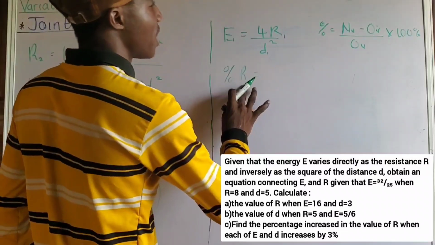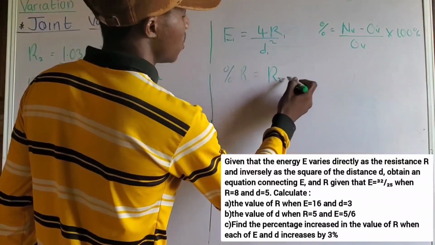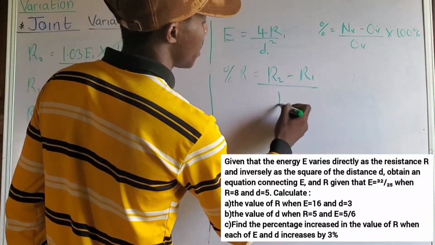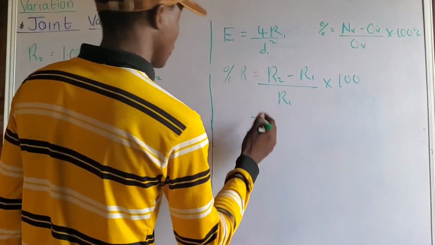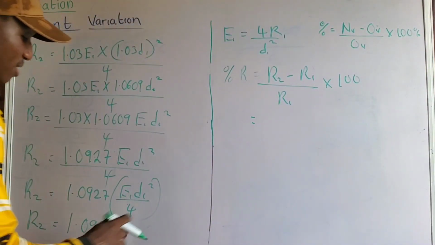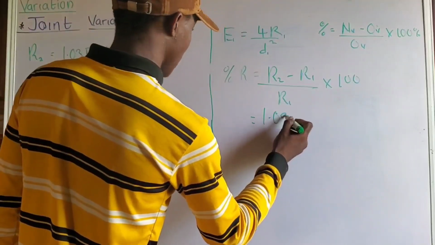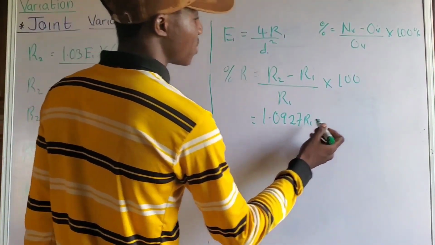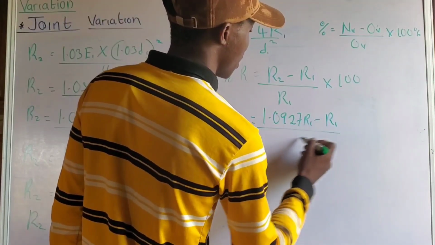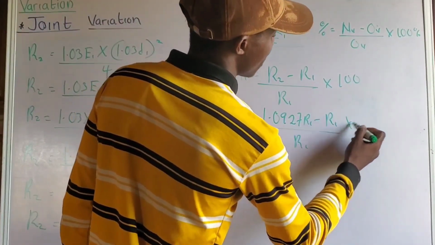The percentage increase in the value of R is equal to R2 minus R1 all over R1 multiplied by 100. R2 is 1.0927 R1 minus R1 all over R1 multiplied by 100.